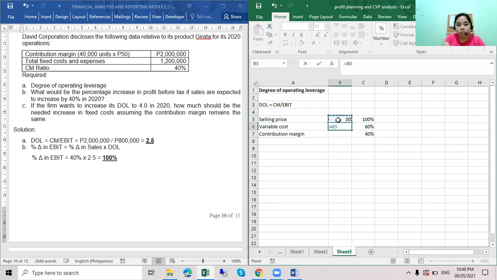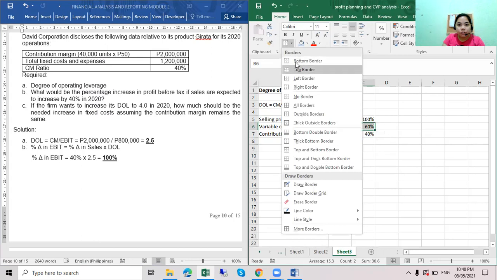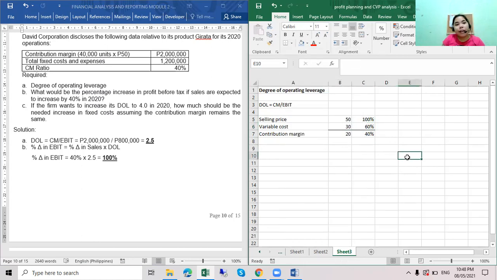So 50 times 60%, therefore your CM is 20, which represents 40%. Then the degree of operating leverage. So 50 times 40,000 units, same with this.